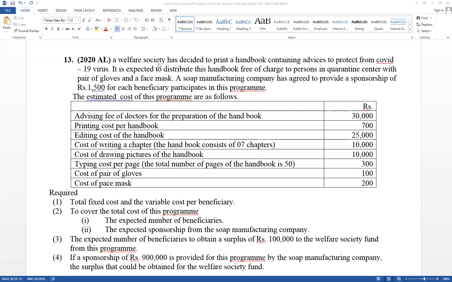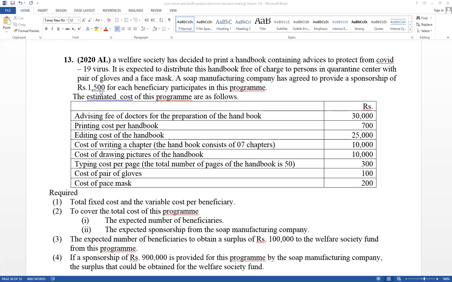The welfare society organizes this. They give handbooks, pairs of gloves, and face masks to the participants in the quarantine center. The soft manufacturing company gives 1,500 for each person.